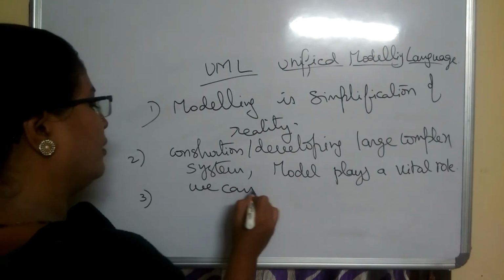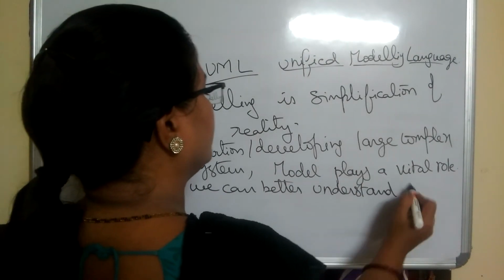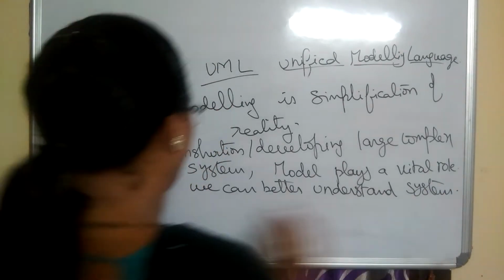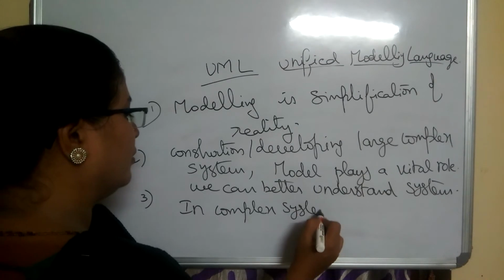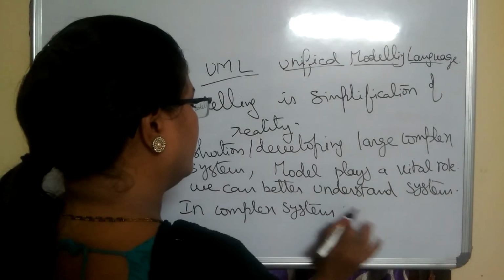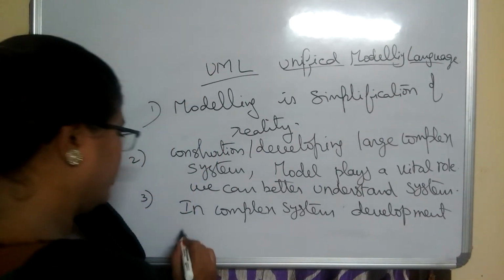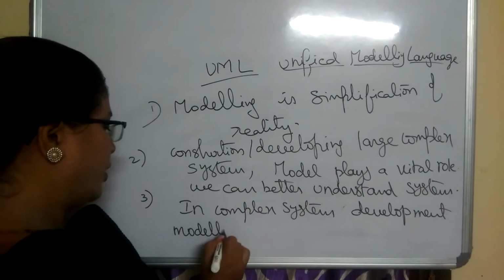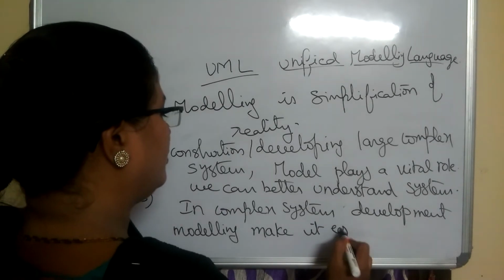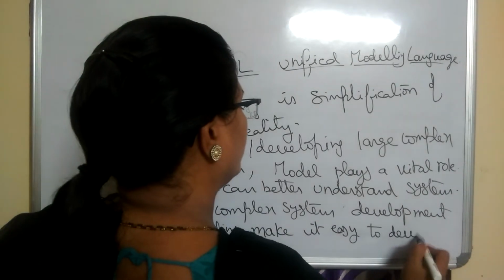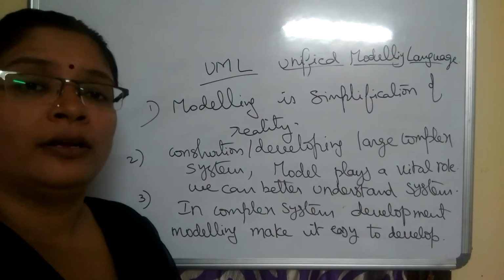We can better understand the system, and in complex system development, modeling makes it easy to develop. These three things are important things we need to remember regarding the model.